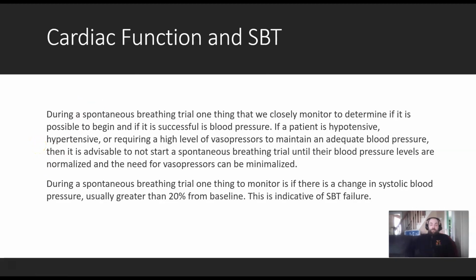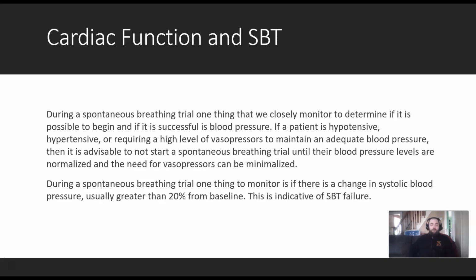So during a spontaneous breathing trial, one thing that we actually monitor is systolic blood pressure, and to see if there are any changes with it. When you switch that patient over to CPAP with pressure support, if you have a change greater than 20% from baseline in systolic blood pressure, then this is pretty indicative of a failure. This change could be caused just from the stress of it.